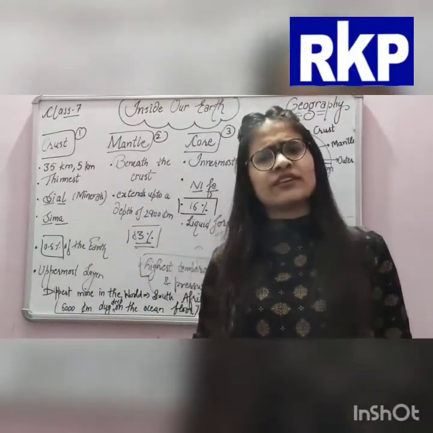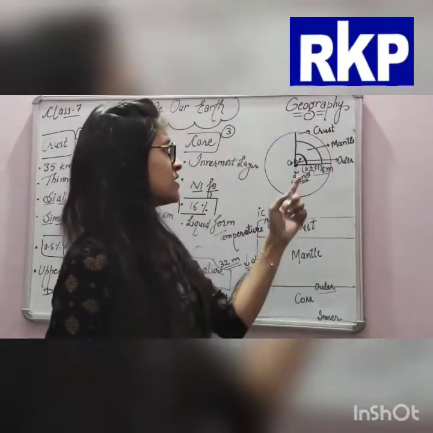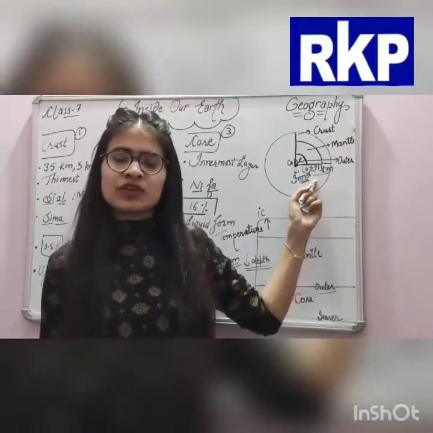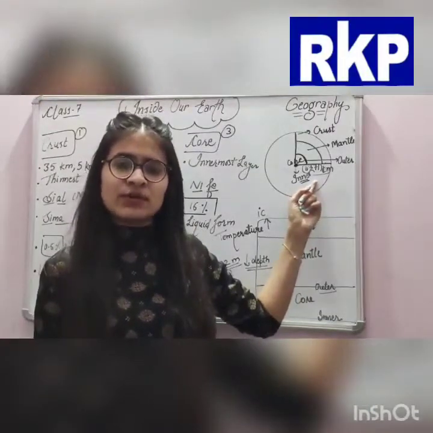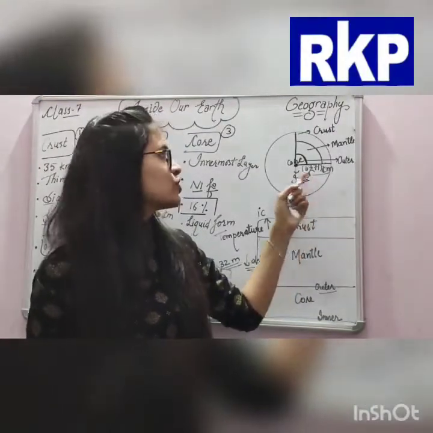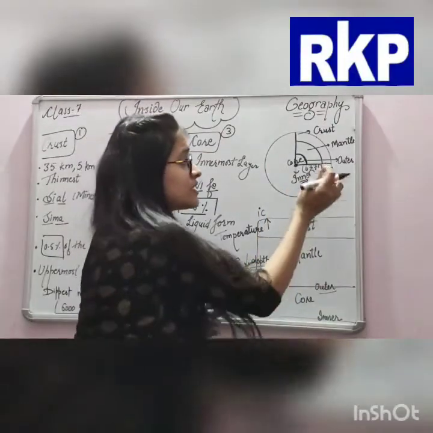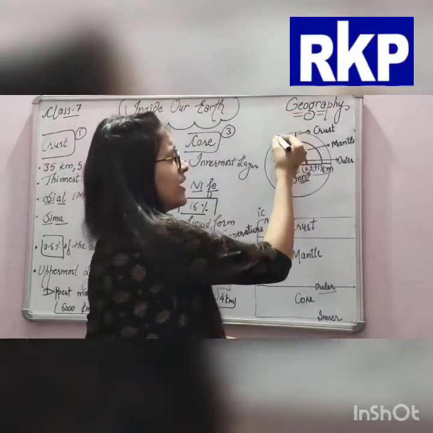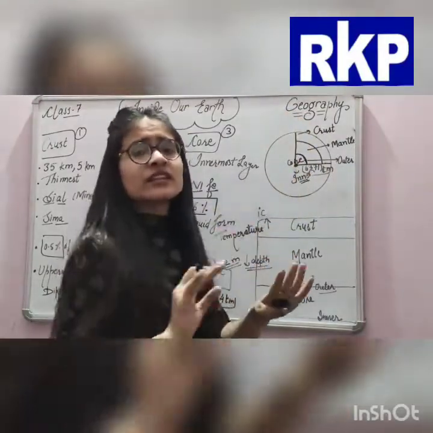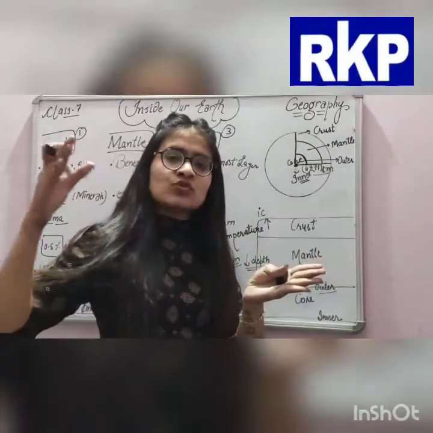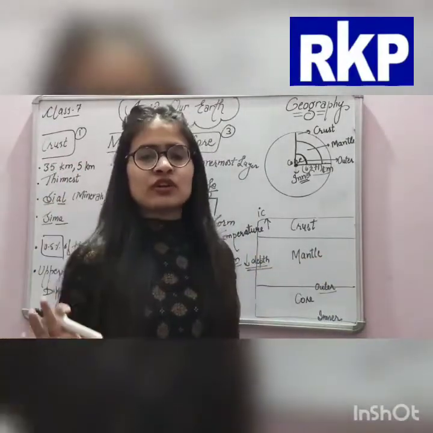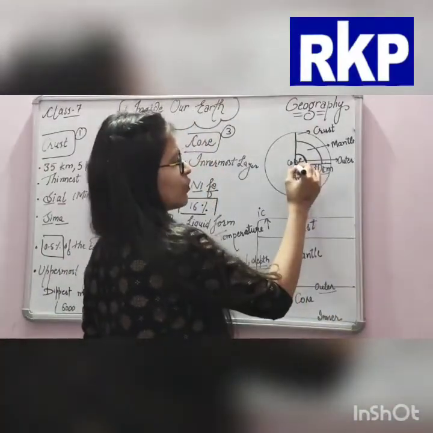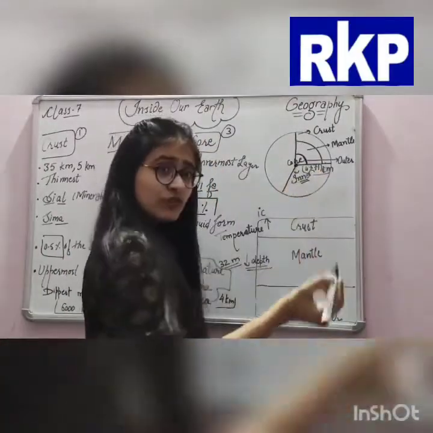Now do you know that the radius of the Earth is 6,371 kilometers? Clear? You can suppose this is the radius, and any line from the center to the outer part will be called the radius.